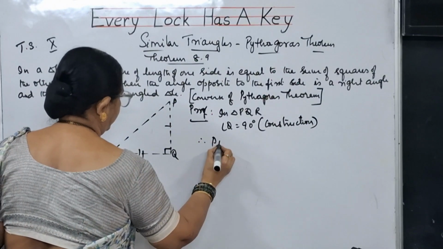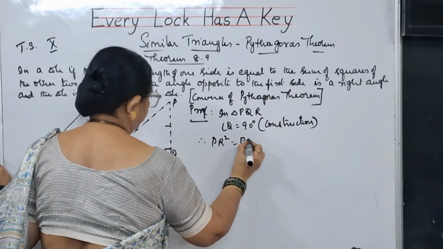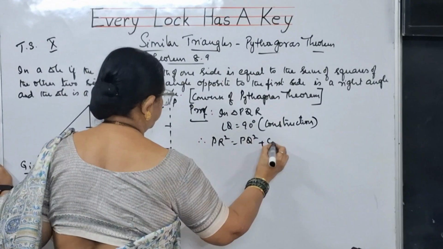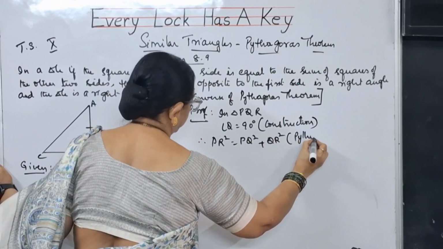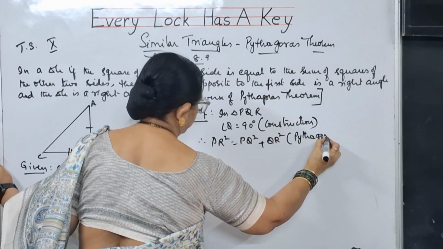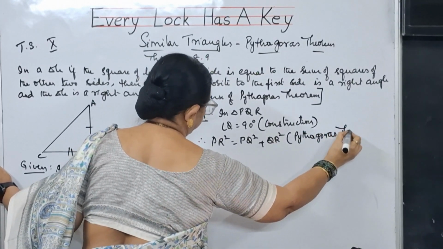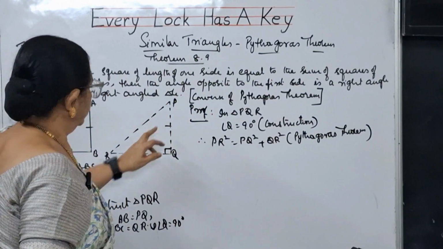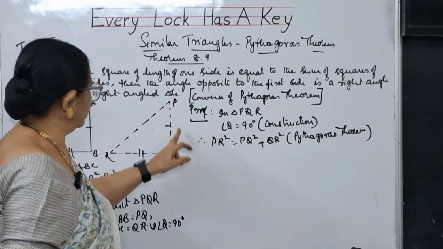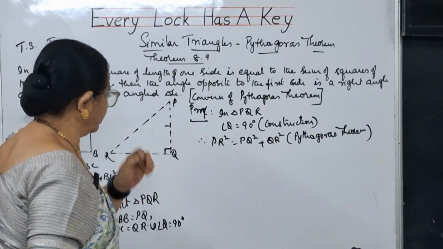Therefore, PR square is equal to PQ square plus QR square, basing on Pythagoras theorem. The Pythagorean theorem says that the square of the hypotenuse is equal to the sum of the squares of the other two sides.